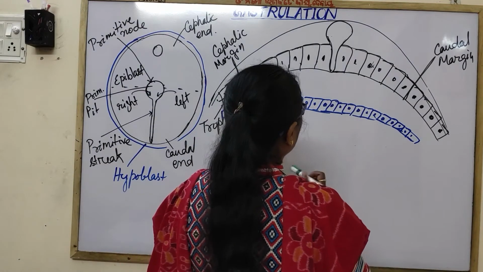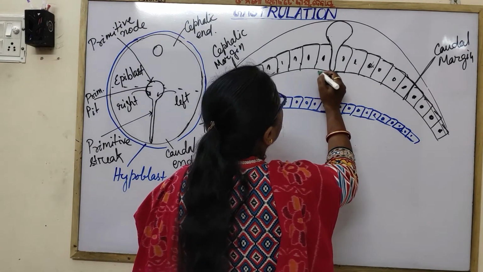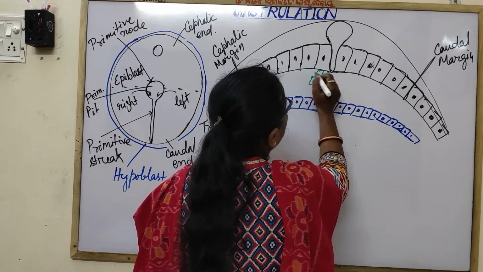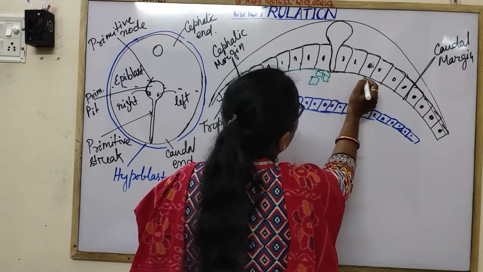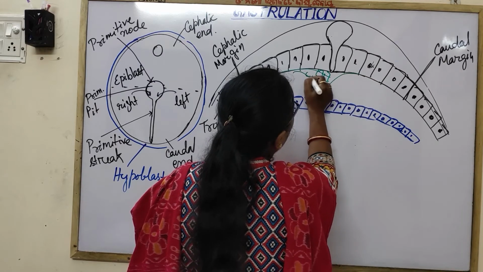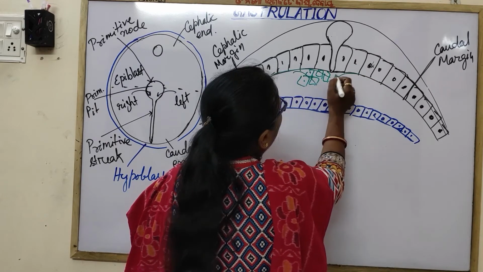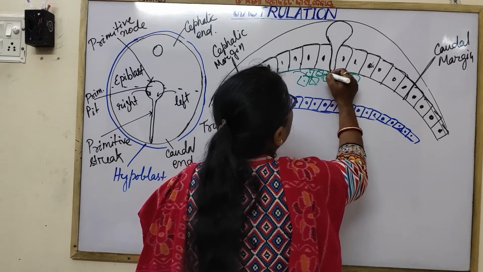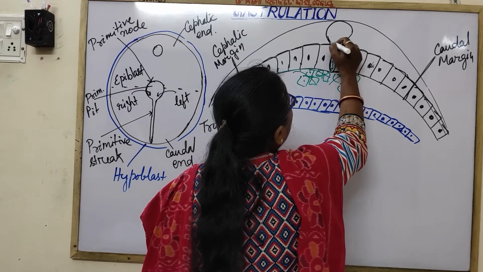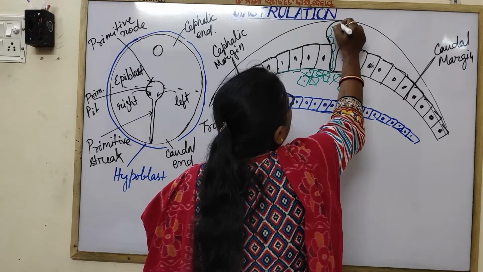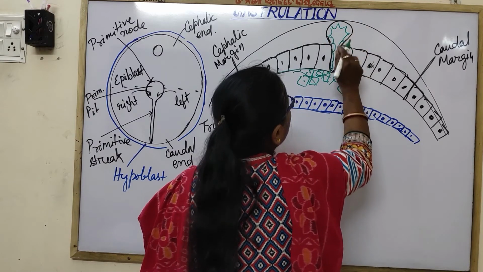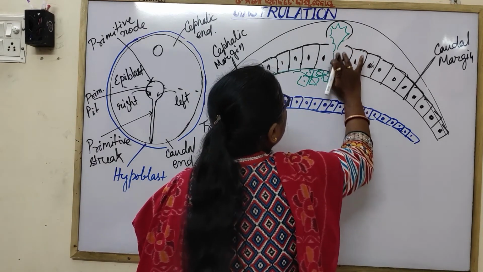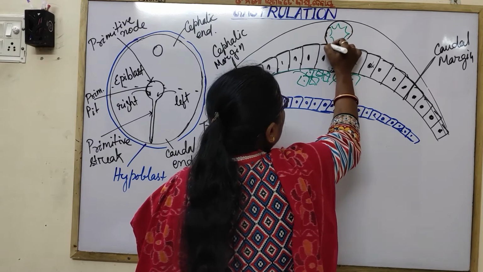They divide to produce many cells of the epiblast. Then they migrate. They move into the primitive groove.